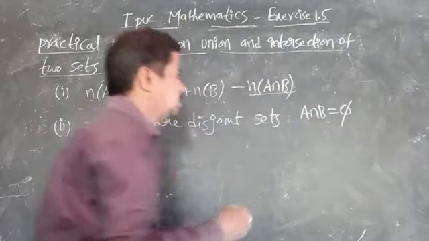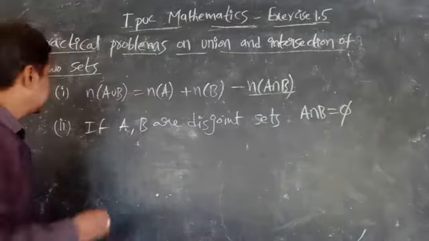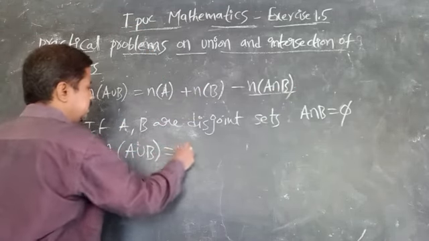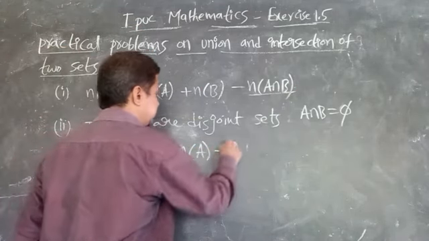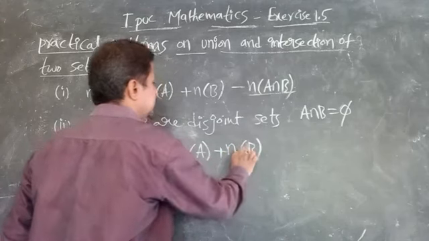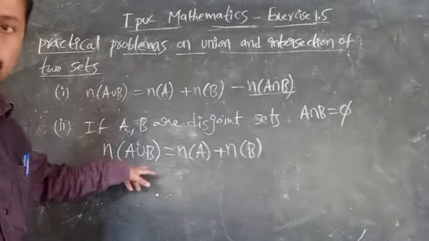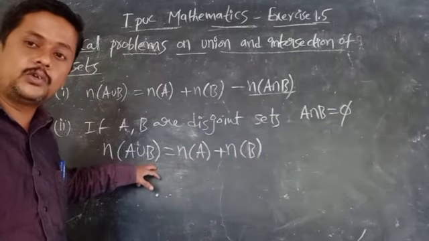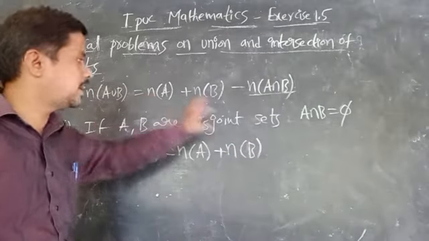So therefore what is the formula? n of A union B is equal to n of A plus n of B. This is the second formula. When do you have to use this formula? You have to use this formula if A and B are disjoint sets.